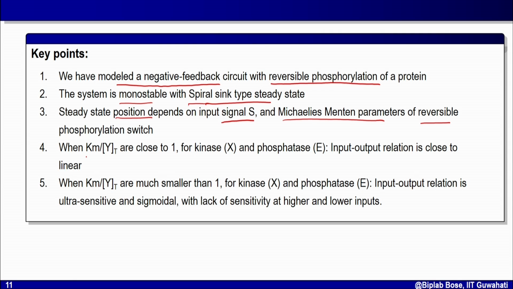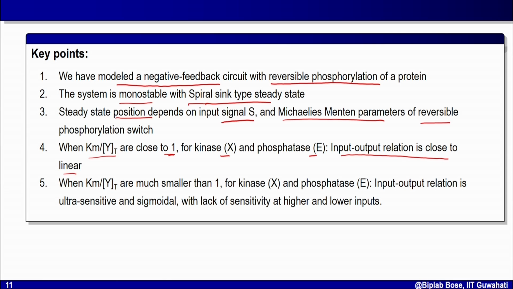When Km divided by Yt, that is the ratio of Michaelis-Menten constants for both the enzymes and the total substrate, is close to 1 for both X and E, that is the kinase and phosphatase, the input-output relation is almost linear throughout different values of input.